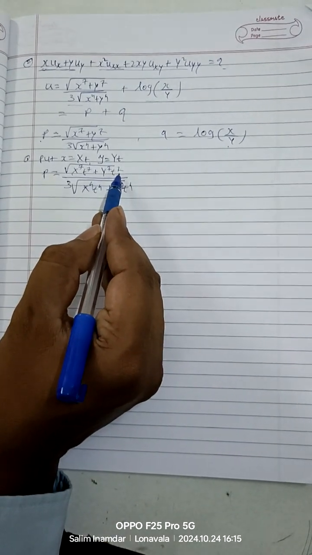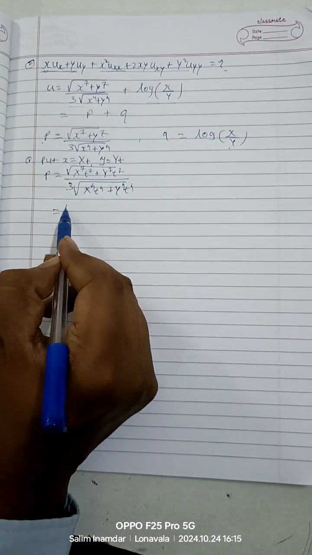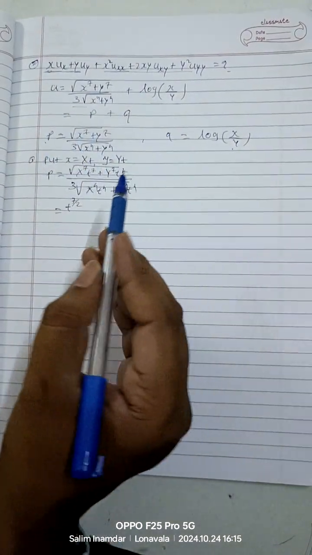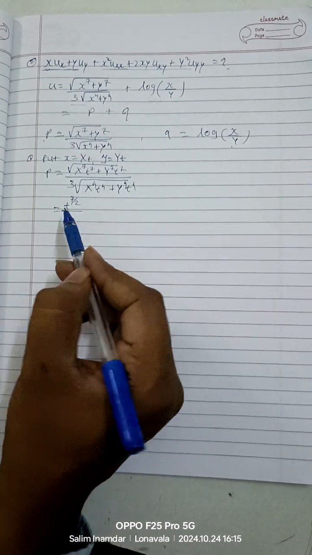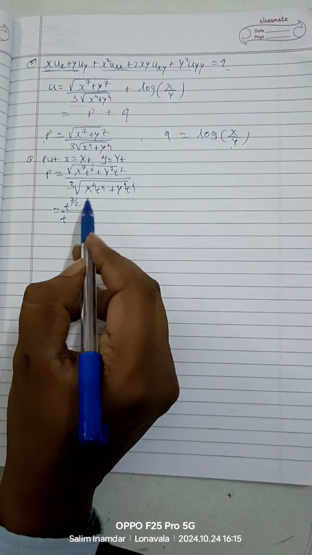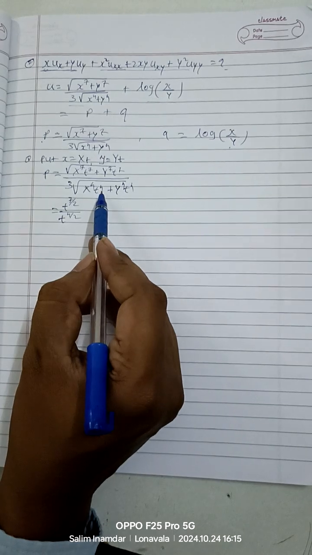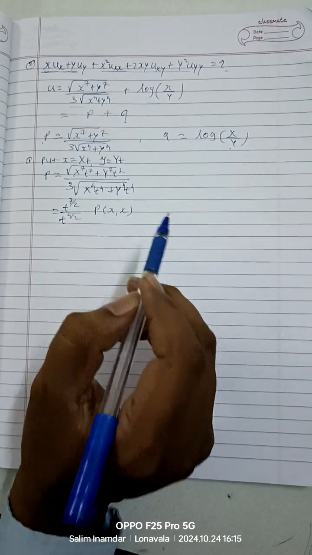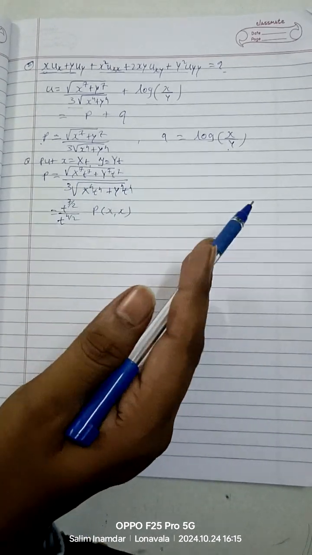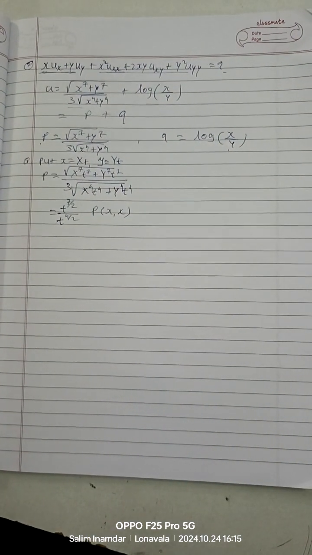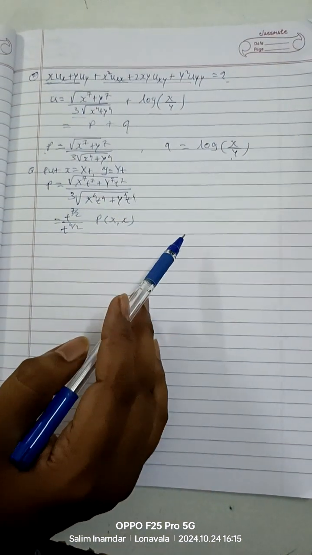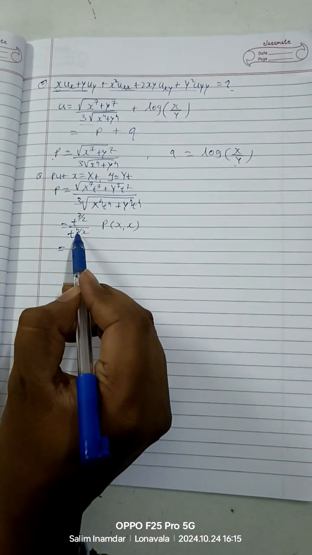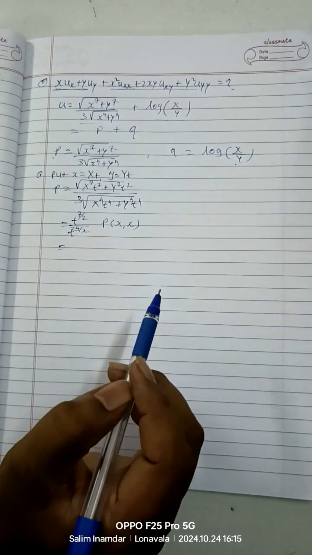Now if I take out this t raised to 7 outside, I will get t raised to 7 upon 2, because it is under square root. And in the denominator, what I get is t raised to 4 by 2. Whatever remains is the function p of xy, because all the t terms have been taken outside and there is no other t term left inside this equation. So this is nothing but t raised to 7 by 2 upon t raised to 4 by 2, which means t square.